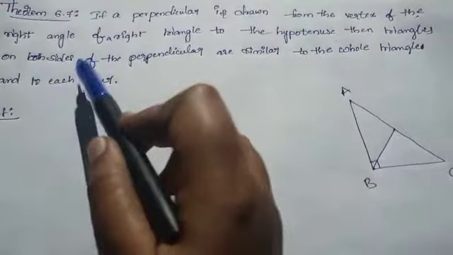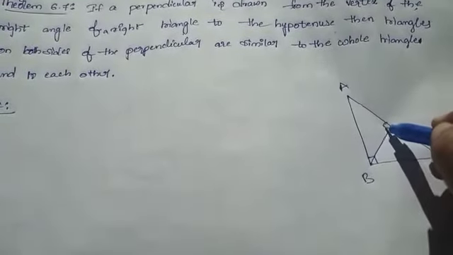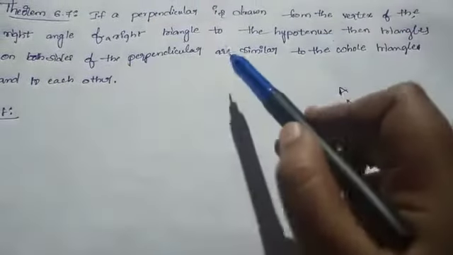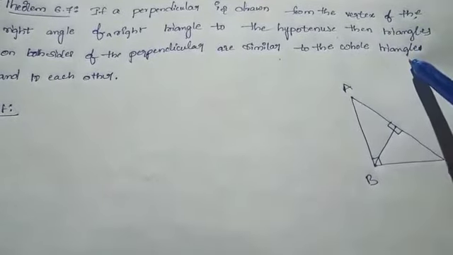Okay, then triangles on both sides of the perpendicular, this is 90 degrees, this is 90 degrees, are similar to the whole triangle.